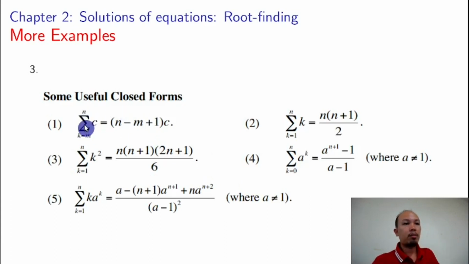Instead of using the summation of k, you will use this expression. Instead of using the left hand side, you will have to use the right hand side, and so on and so forth. Okay, that's how useful closed form is.